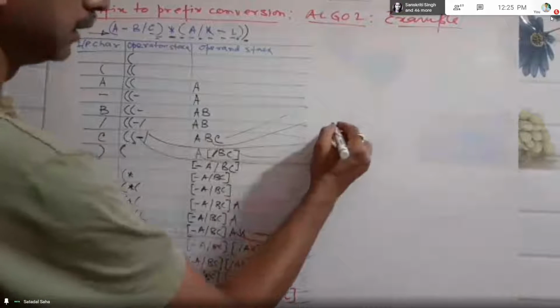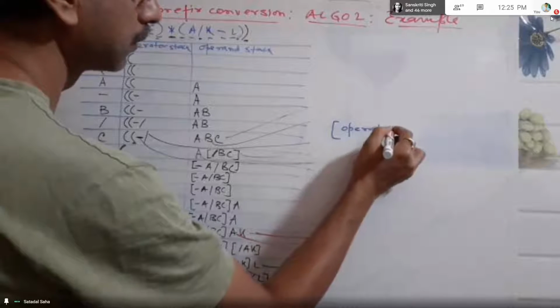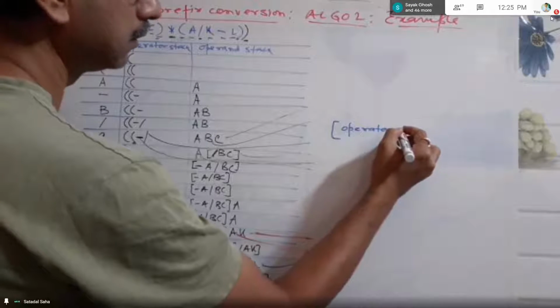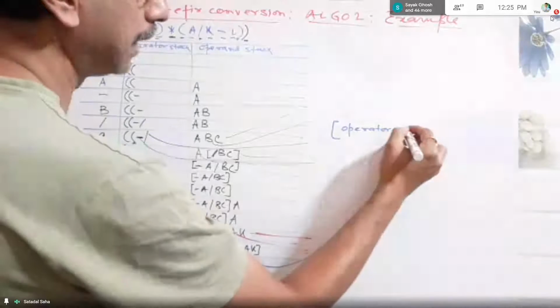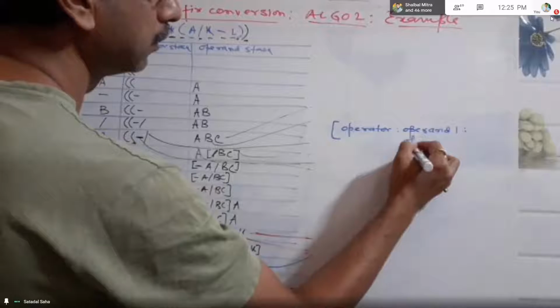The concatenation rule is: operator, then followed by operand 1, then followed by operand 2. So this is the result of concatenation.